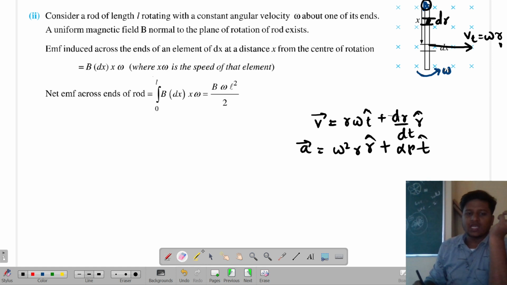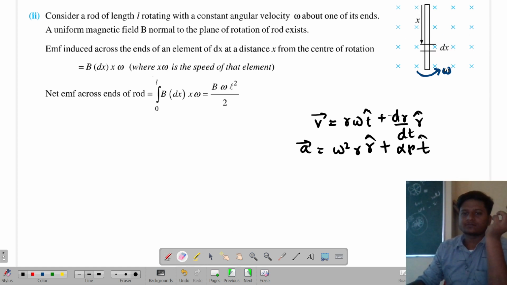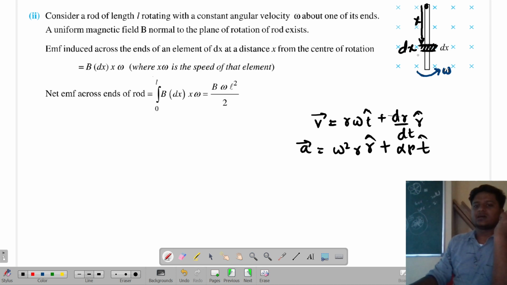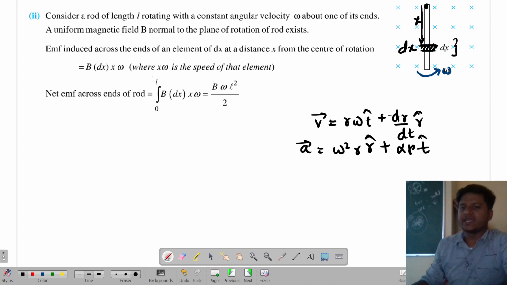Let us consider we have some kind of element, one length element or current element, whose length is equal to dx, right or not? And it is located at distance x from the center of rotation. If we calculate the potential drop across this dx, we can integrate it from 0 to length L and we will get the total EMF developed over there.